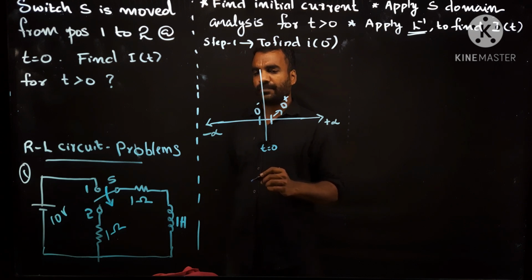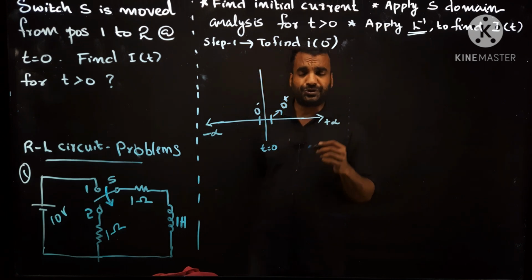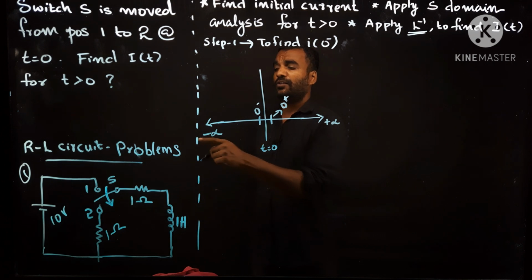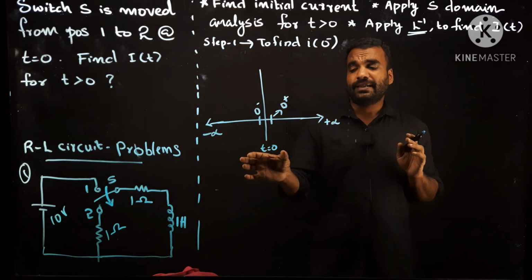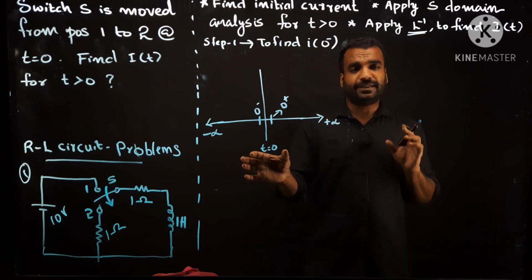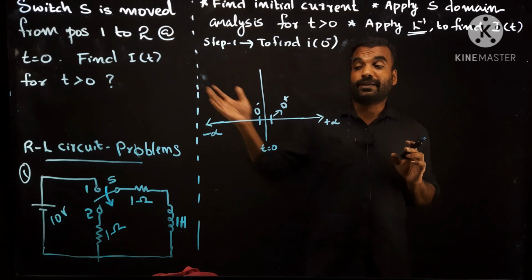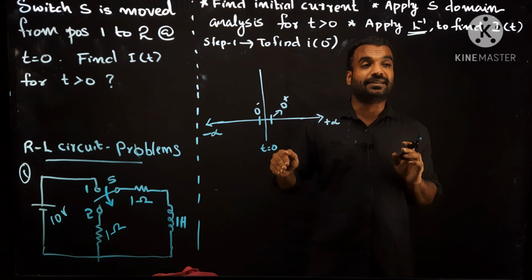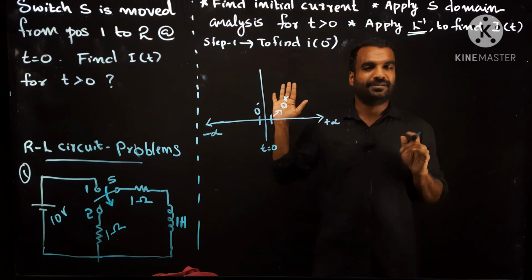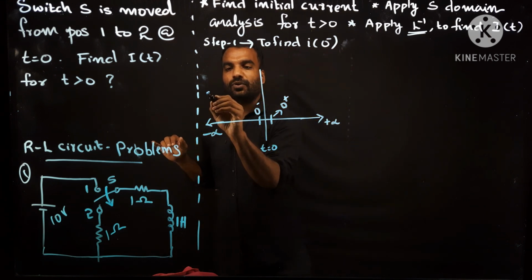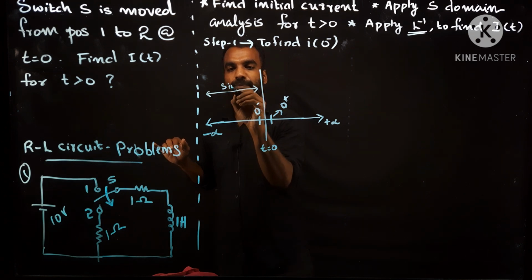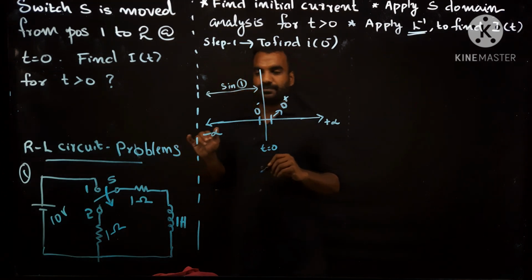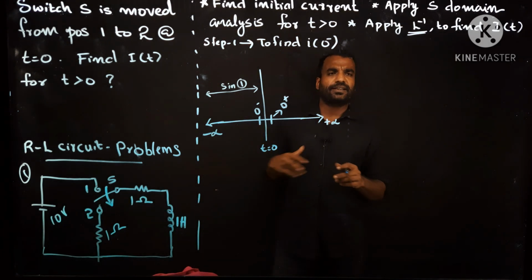Suppose I know the switch is connected to position 1 from negative infinity, because we are going to consider only the time of switching, t equals 0. But from negative infinity up to that instant, the switch is in position 1. What is the condition of position 1?